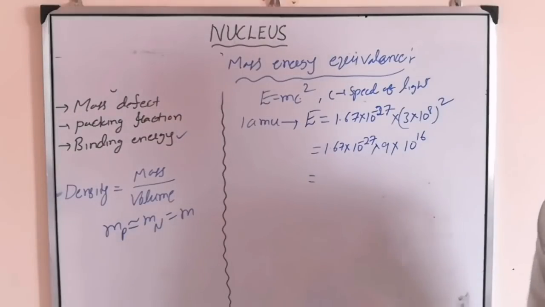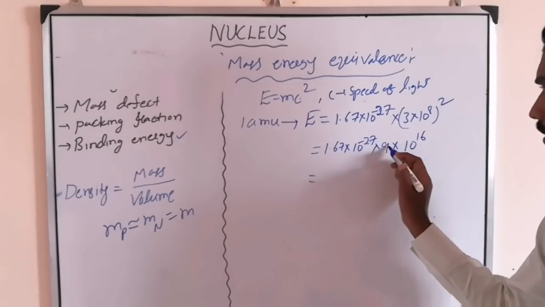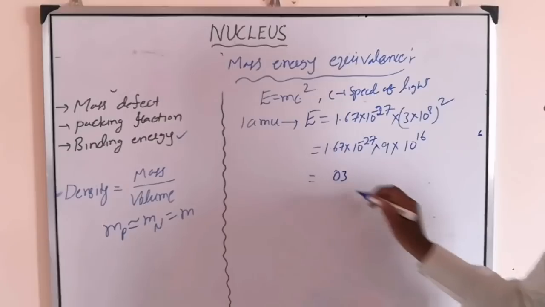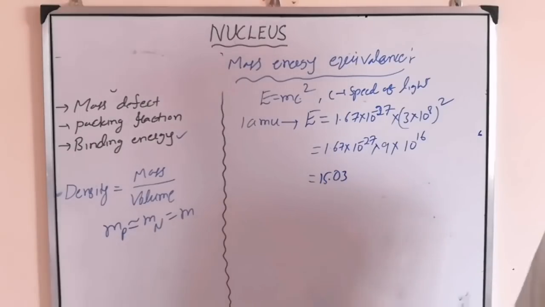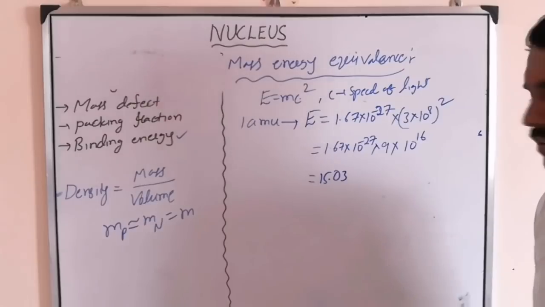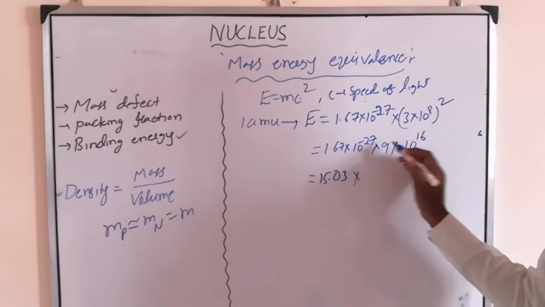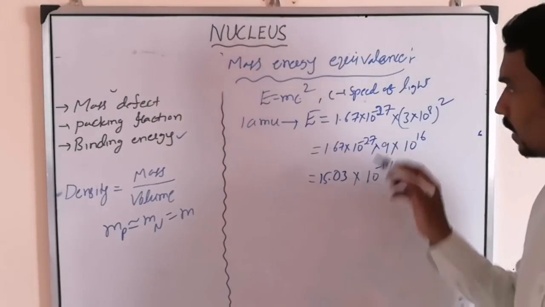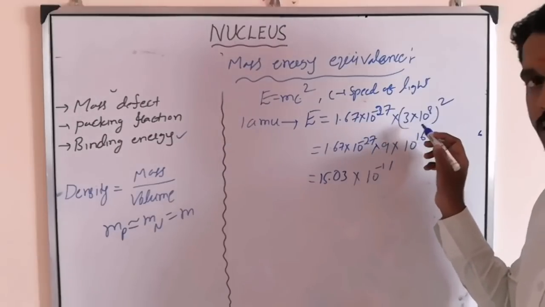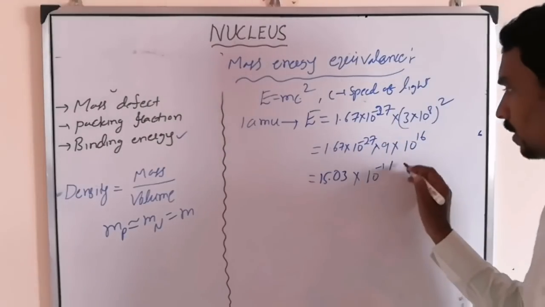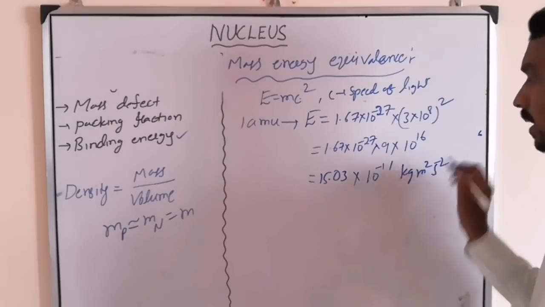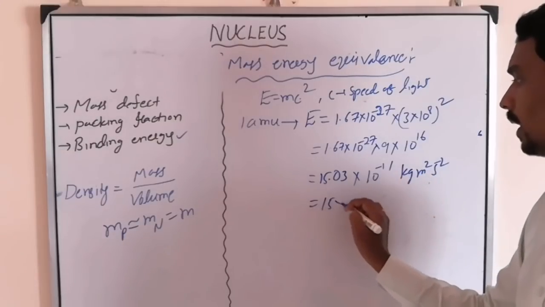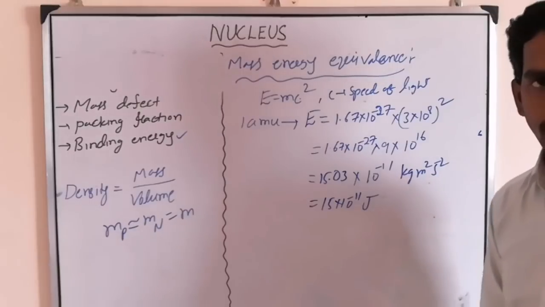That is 15.03, approximately 15, into 10 power minus 11, so the units are kg meter square per second square, nothing but joule, all SI units. So 15 into 10 power minus 11 joules.